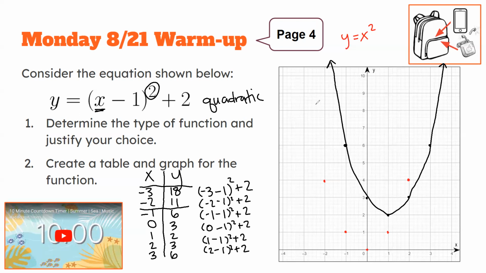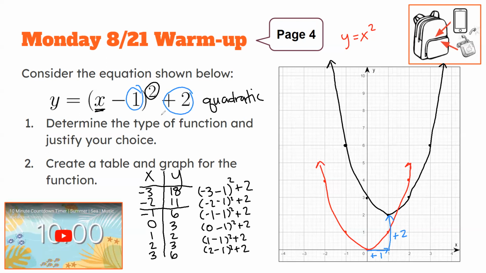And so we get a similar shape here. So the graph that we just drew looks a lot like x squared, except that it's been shifted forward 1 and up 2. And those two values are coming from here and here.